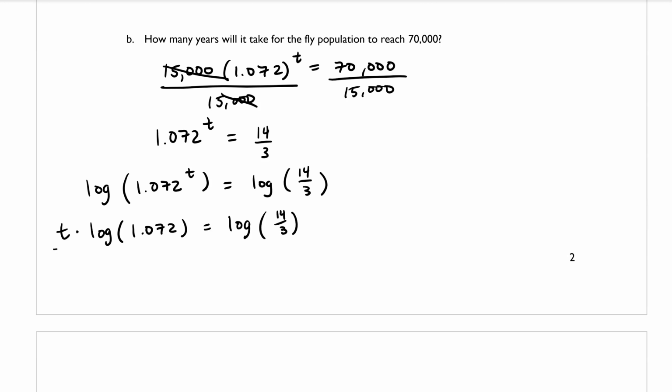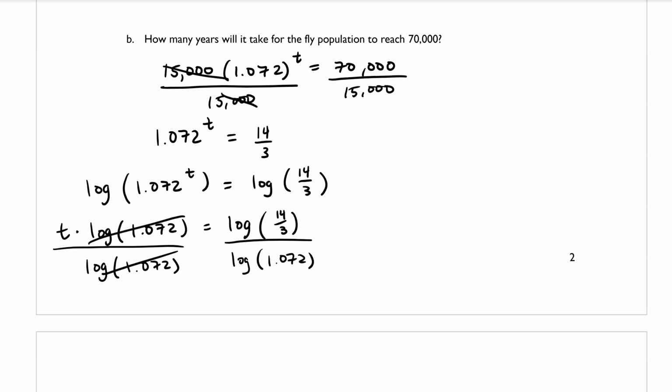Now, if I want to solve for t, I can divide both sides by log of 1.072. And so we get that t is equal to, if I throw that into my calculator, about 22.16 years.